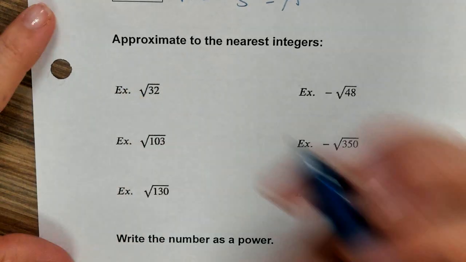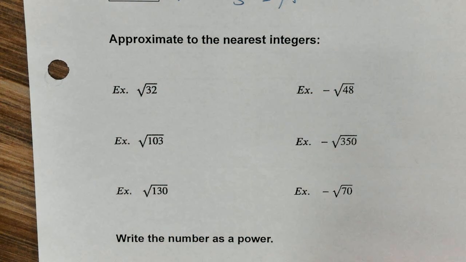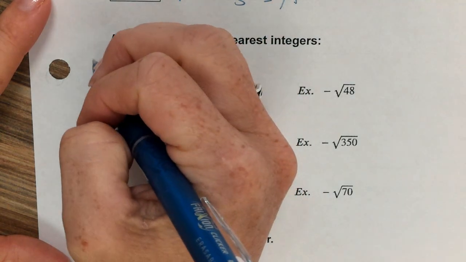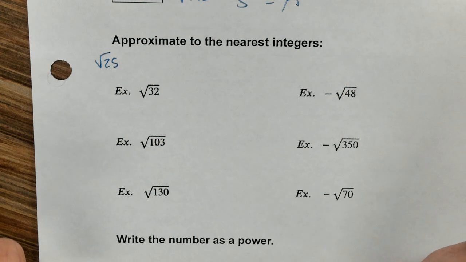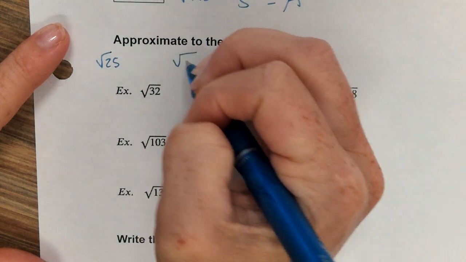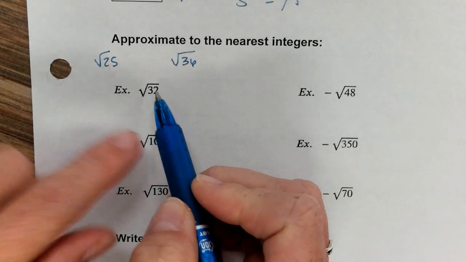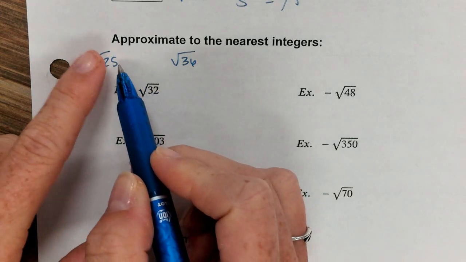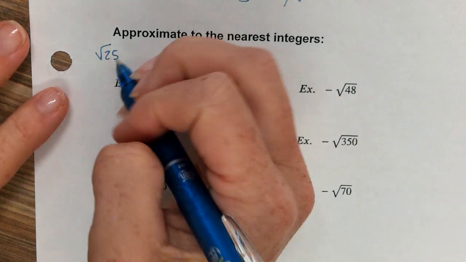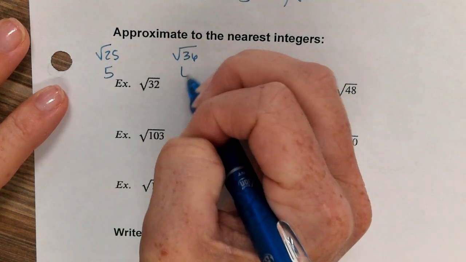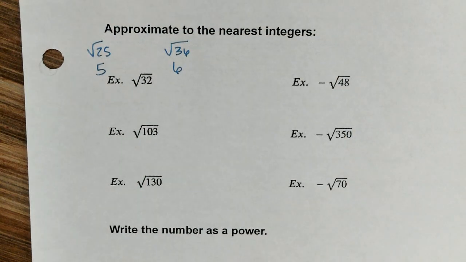Does anybody know? 5 squared is, so the square root of 25 would be here, and the next one would be 6 times 6, which is the square root of 36. Do y'all agree that the square root of 32 is between the square root of 25 and the square root of 36? So this is between 5 and 6.